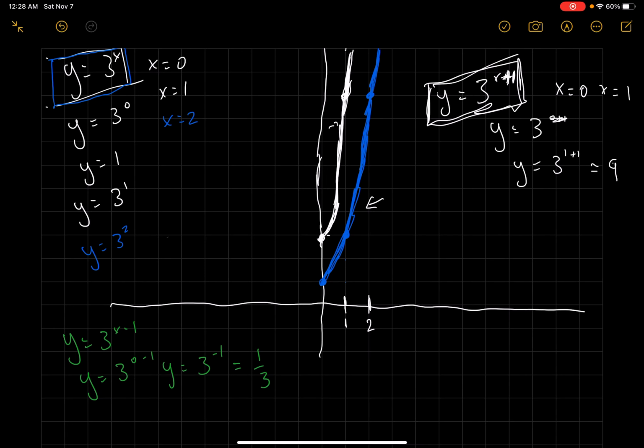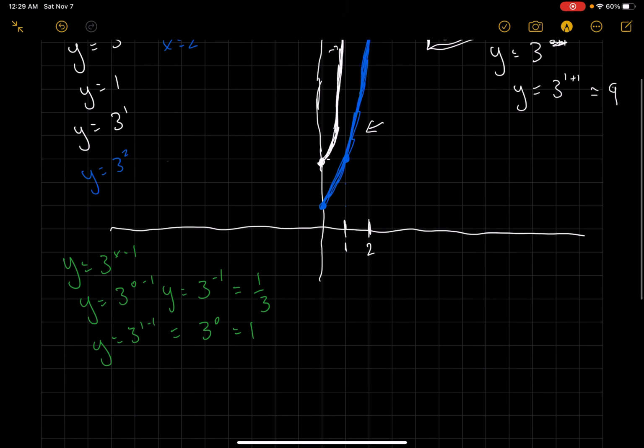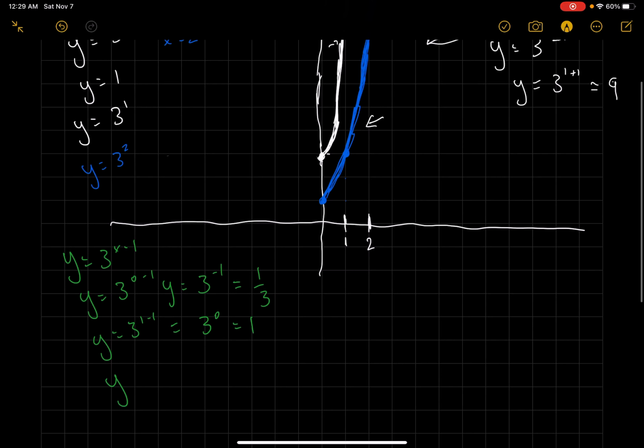Let's plug in x is equal to 1 now. Y is equal to 3^(1-1), which is 3 to the 0, which is equal to 1. All right, now let's plug in x is equal to 2. So y is equal to 3^(2-1), which is 3 to the 1, which is just 3. Okay?